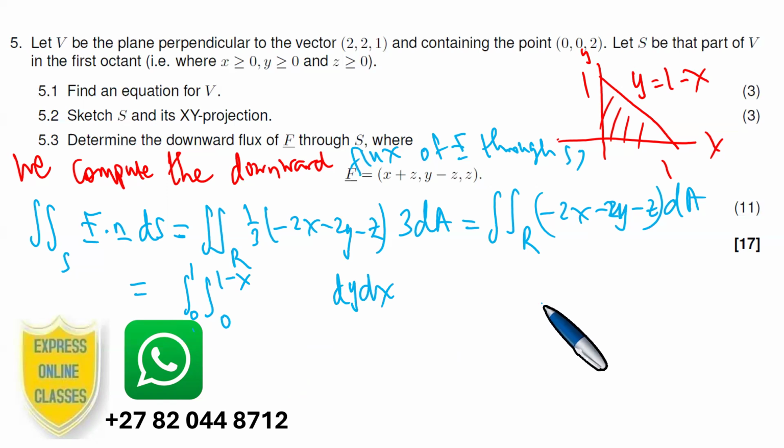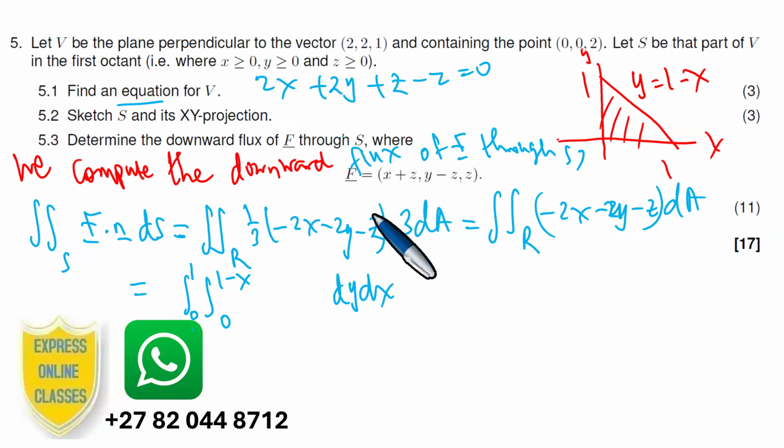And so we analyze this very carefully, and we take note of the fact that this would become the following, because the equation for the plane V is given by what? We got 2x plus 2y plus z minus 2 equals 0.